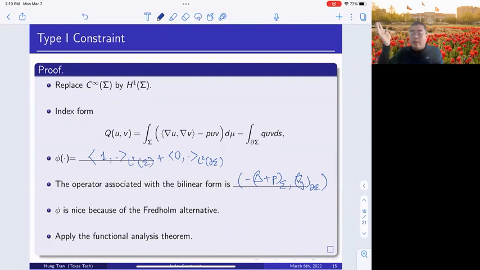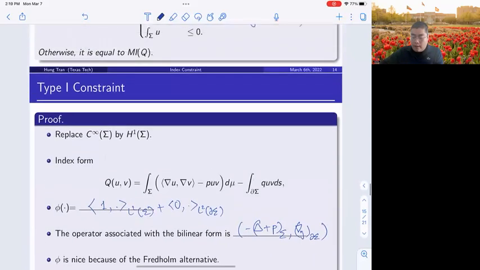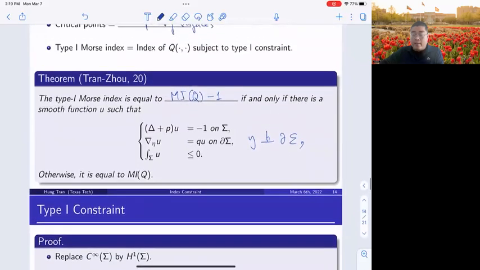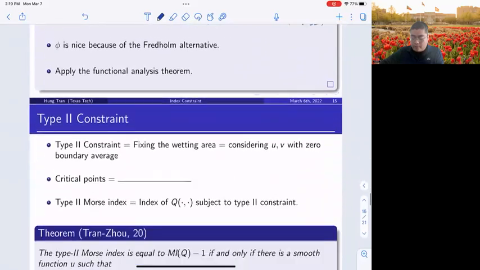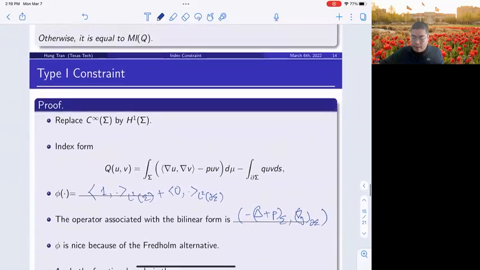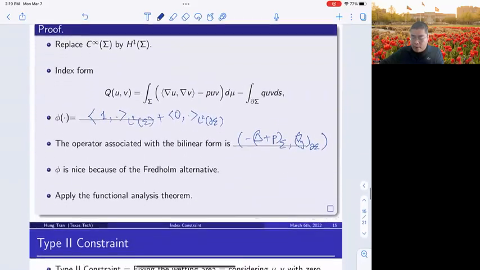So interpreting these conditions using our formulation here, we exactly arrive at the statement of the theorem. So that is the proof of the theorem for the type 1 constraint.